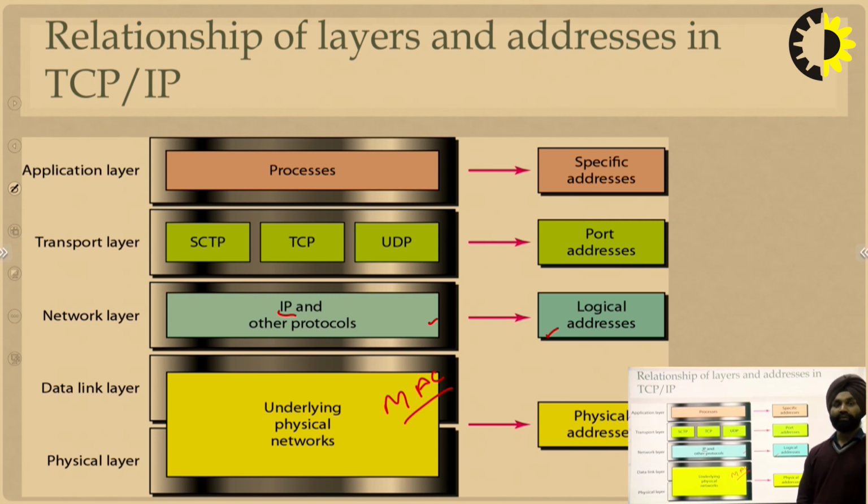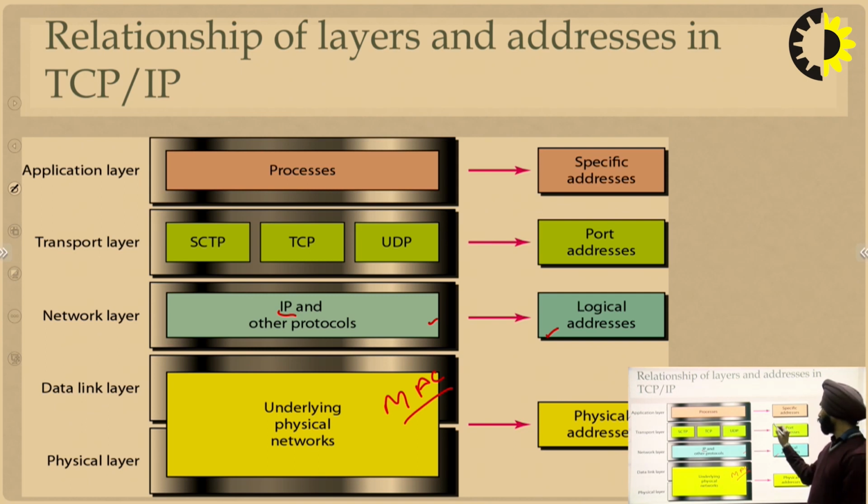But we need to deliver the packet from the source process to the destination process. So for that, we require the transport layer port address. The port address is the address of the process that is going on in the device.